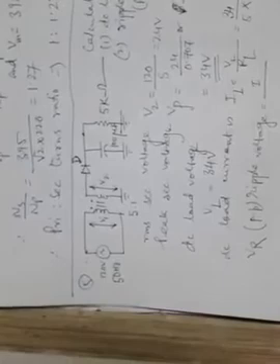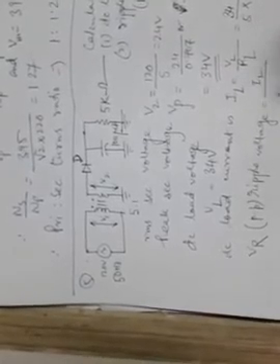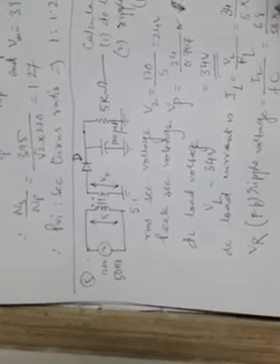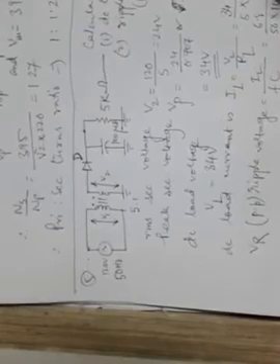The formula is I DC, which means this DC load current IL, divided by f into C. So substitute the values: 6.8 milliampere, f is 50 Hertz, and the capacitor value is 100 microfarad. So 50 into 100 into 10 to the power minus 6, and 6.8 milliampere means 10 to the power minus 3.